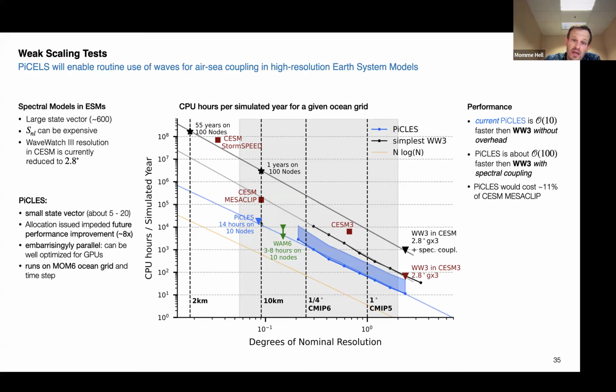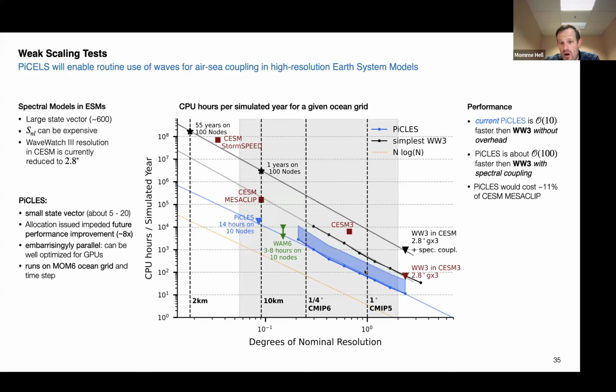That means if we would run a Pickles of this complexity now at the same scale as Mesoclip, like at 10 kilometers, we would end up at something like 10% of CSM Mesoclip. We can do that already. So there's this bluish shading here, right? That means we are uncertain about our effort because we have to increase the complexity of the model.